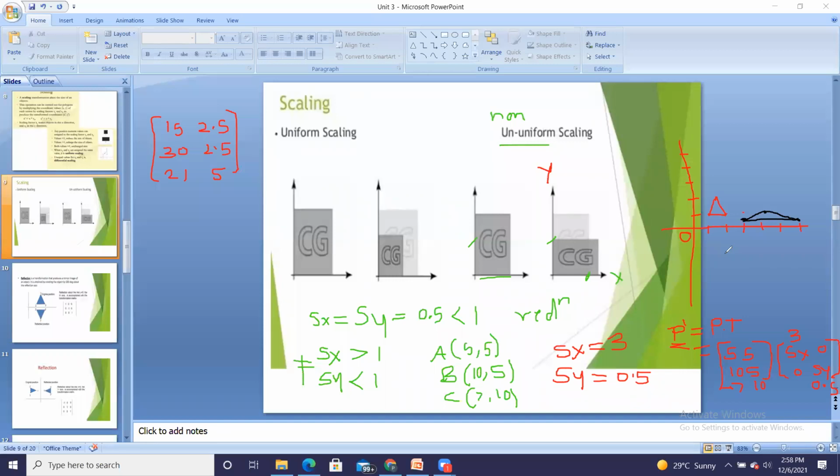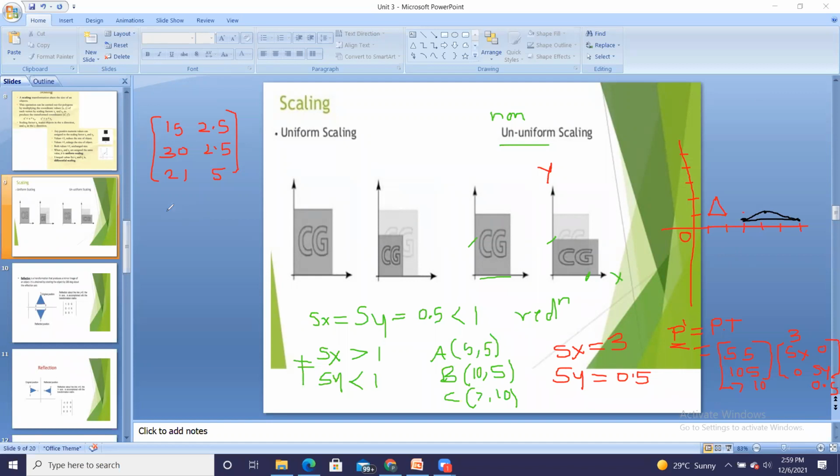The width should be as it is and the height should be thrice of its original size. So can you tell me what kind of scaling is it? Is the scaling uniform or non-uniform? Non-uniform, ma'am. Right, non-uniform, because your x is not changing at all.